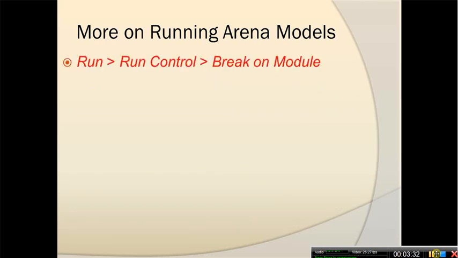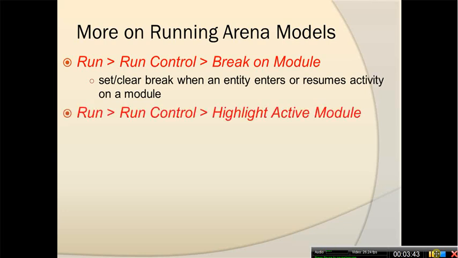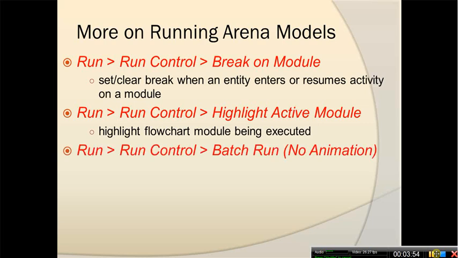We can do Run Control, Break on Module, and that will help us set or clear breaks when an entity enters or resumes activity on the module. We can do Run Control, Highlight Active Module, and that will highlight the flowchart module that is currently being executed.